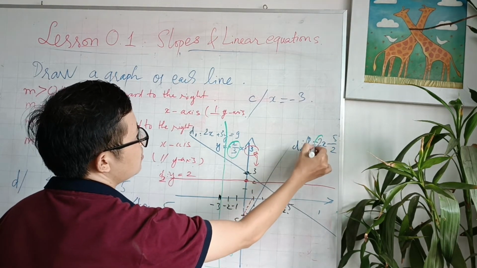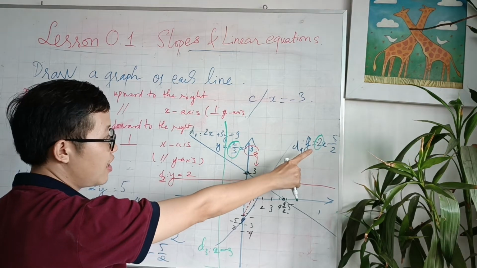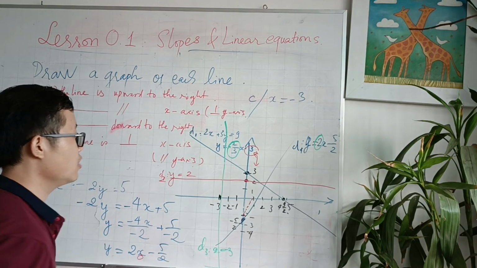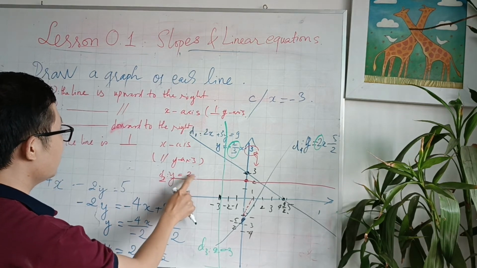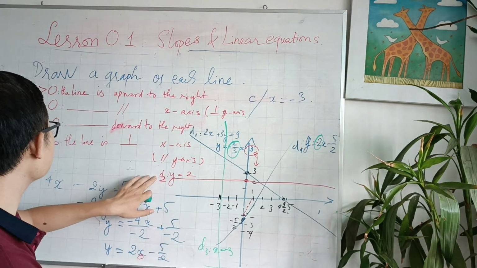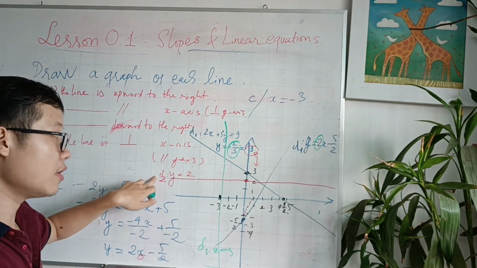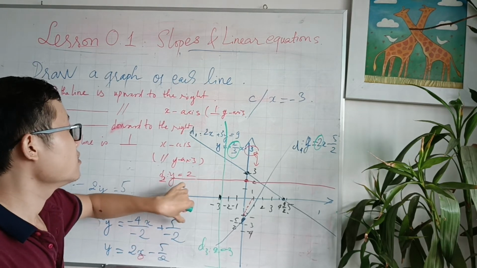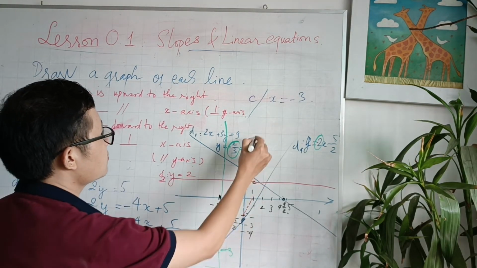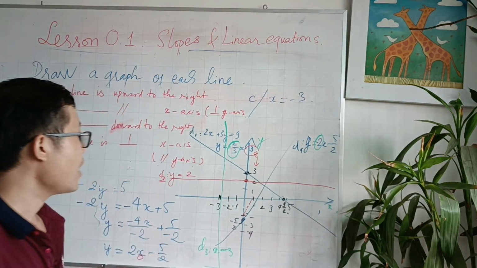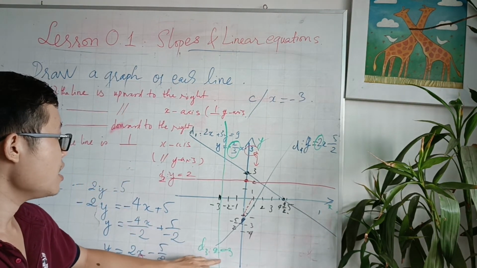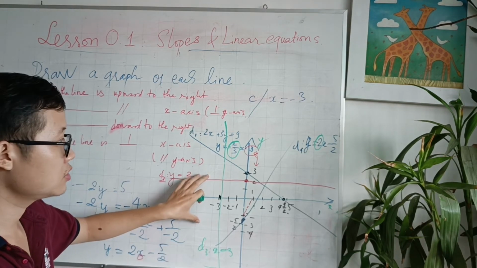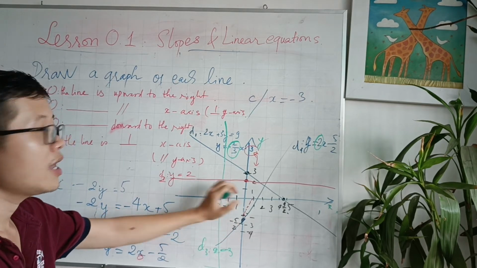This line has slope 2, a positive value, so it is upward to the right. y equals 2 has slope equal to 0, so it's parallel to the x-axis or perpendicular to the y-axis. And the last one, D3, is x equals negative 3, so it's parallel to the y-axis or perpendicular to the x-axis.